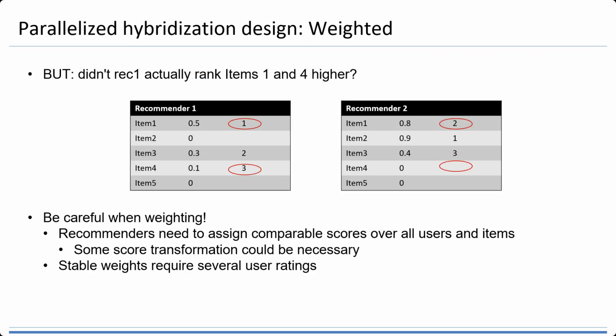In this case, be careful when weighting. Recommenders need to assign comparable scores over all users and items. Some score transformation could be necessary. And stable weights require several user ratings. In this case, because we only have 2, we cannot see the consistency between the scores.